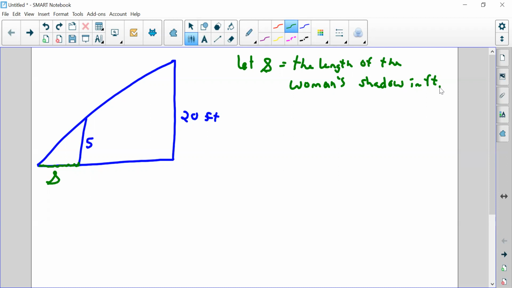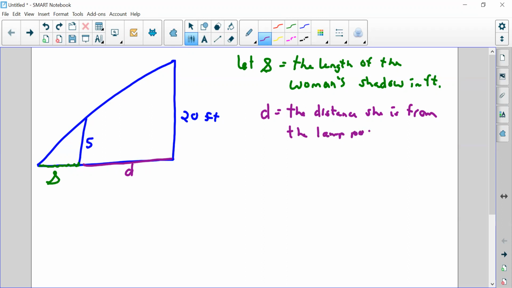Something else that's changing is she's walking toward the lamppost. So her distance from the lamppost will also be changing. So I can make D equal the distance she is from the lamppost in feet.